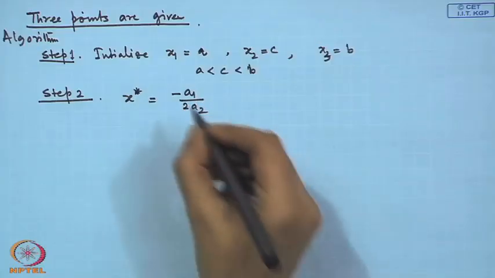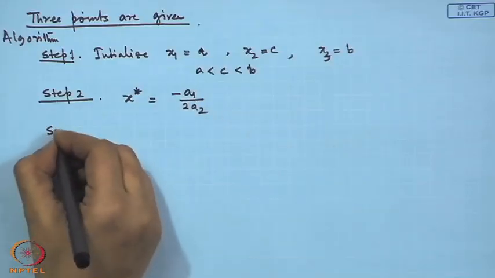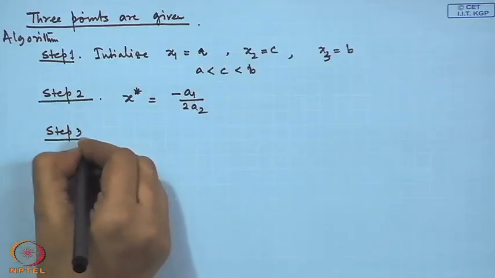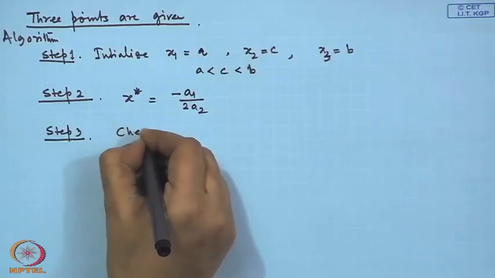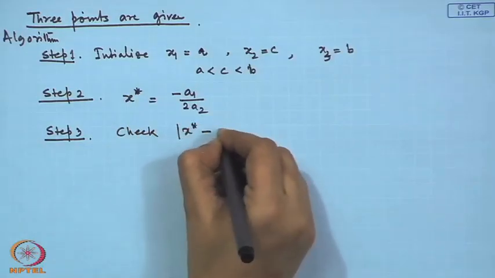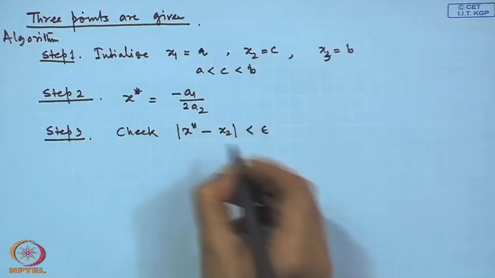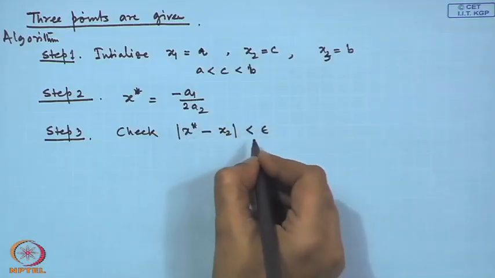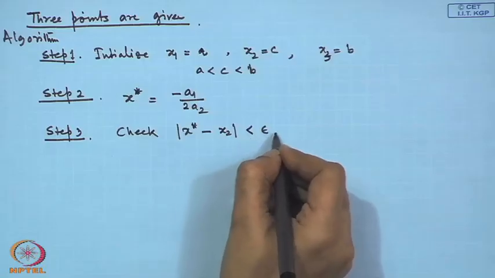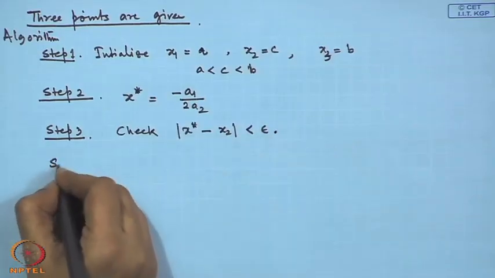And how I will get A1 and A2, I have just showed it to you. Now, step 3, we will check the condition whether x star is close to C or not. If it is close to C, that means the difference between x star and x2 is very small, less than epsilon, then we will stop, otherwise we will proceed to the next step, step 4.